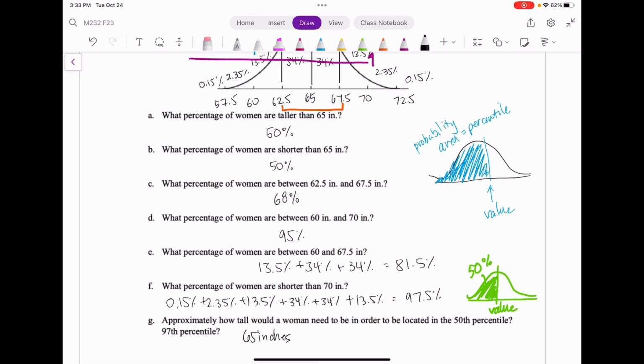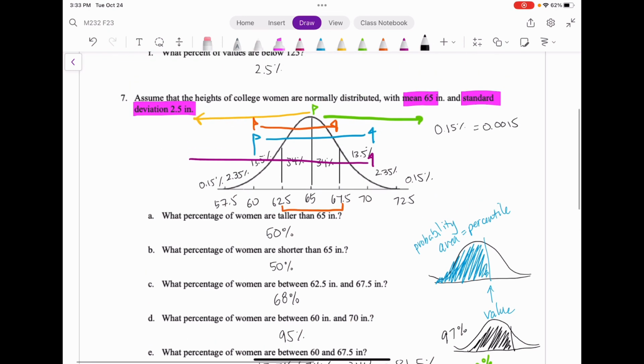Now, the second one is asking us for the 97th percentile because we can't have a 97.5 percentile, you just have 97. So we're looking for 97% below, which would give us roughly 70.